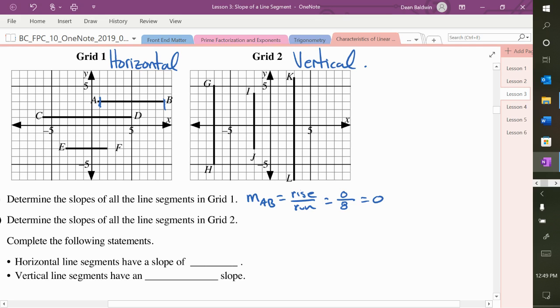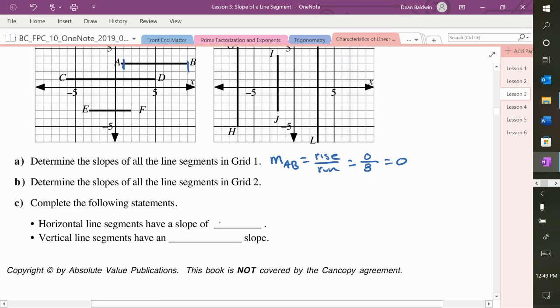Why? There is no rise for any of the lines in grid 1. The rise is 0, so it actually doesn't matter what the denominator is. So for a horizontal line, what is the slope? 0. Horizontal lines have a slope of 0.